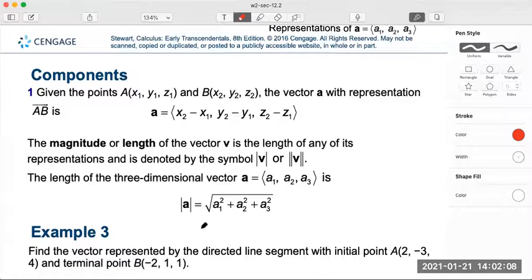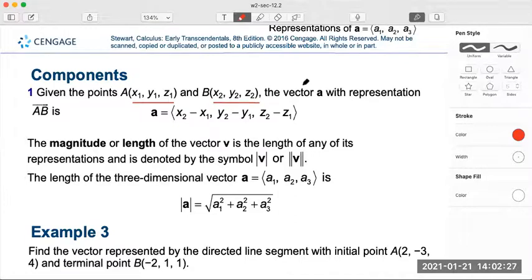So if we're given 2 points, the point A and the point B, whose coordinates are x1, y1, and z1 for A, and the coordinates of B are x2, y2, and z2.